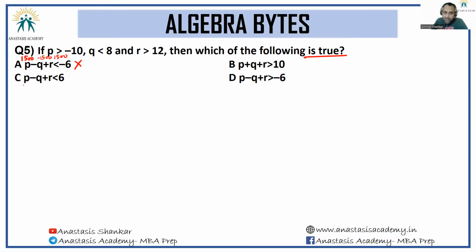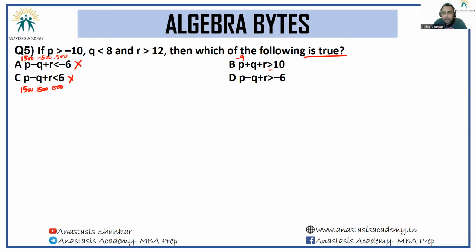In fact, at this time itself, can I also rule out C? This is also gone, not correct. A is not correct, C is not correct. Let me go ahead and check B and D. Okay, B. Because this is greater than 10, now my strategy would be to take minimum possible value.